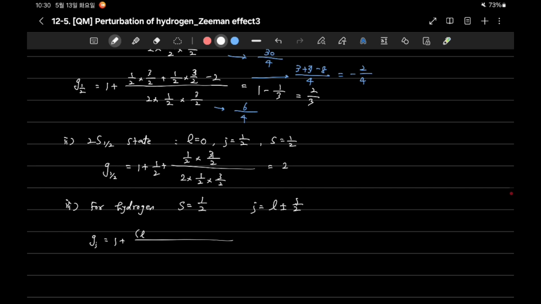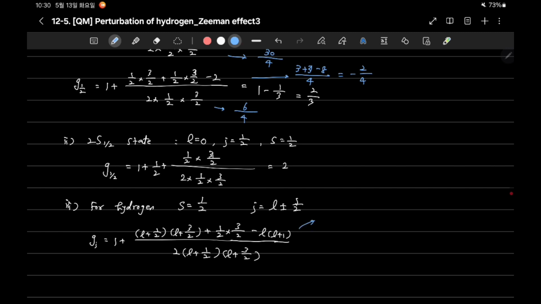For the J = L + 1/2 case, J is L + 1/2 and J + 1 is L + 3/2, and the spin is 1/2 times 3/2, minus L(L+1), divided by 2(L + 1/2)(L + 3/2).